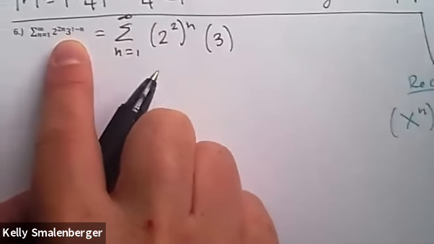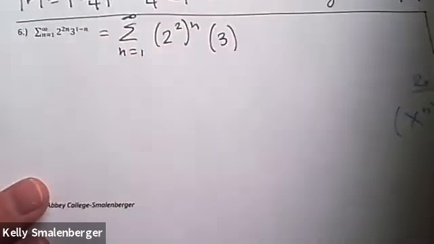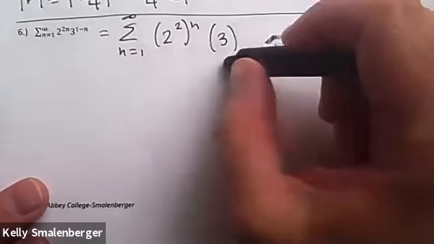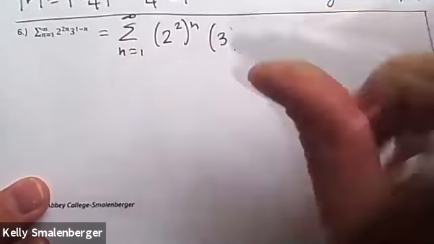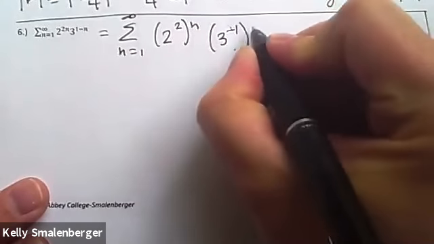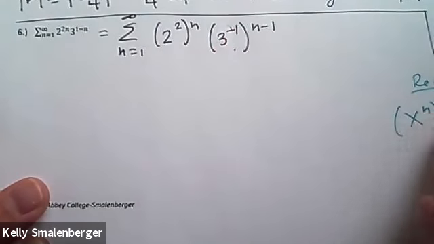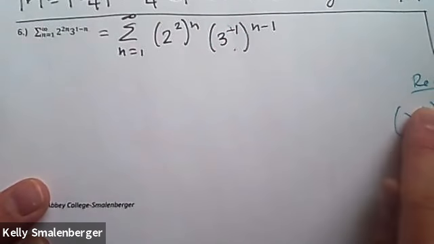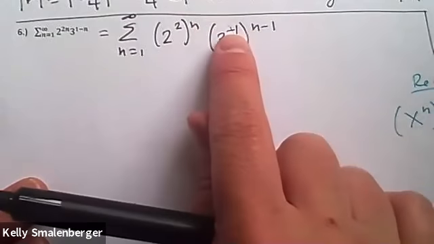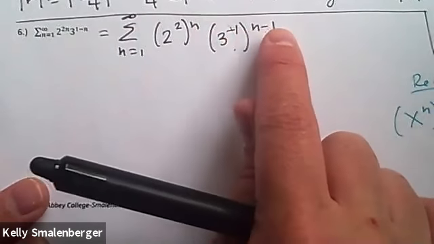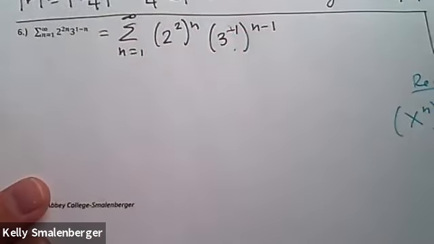What if I factor out a negative 1 from that? That would be helpful. Right, because if I multiply these two, which is my rules of exponents that I wrote out here, negative 1 times n minus 1 is 1 minus n. Okay, that looks good.